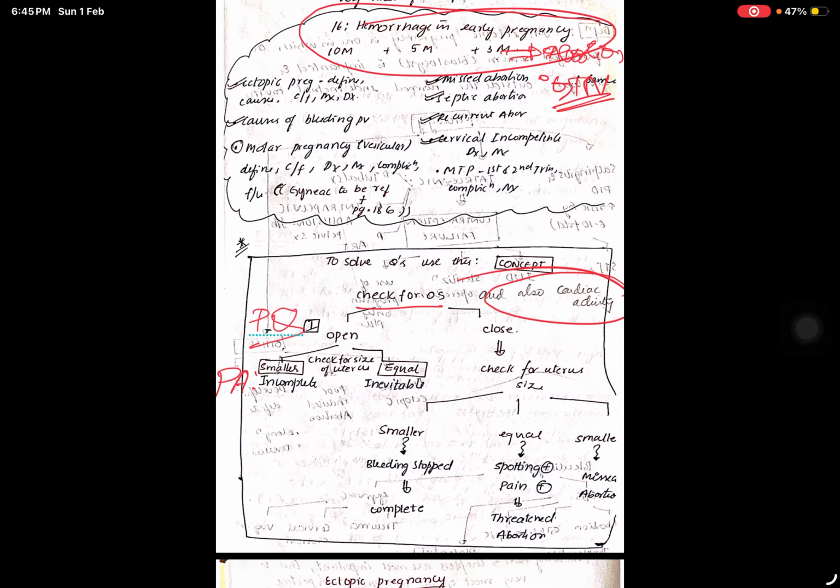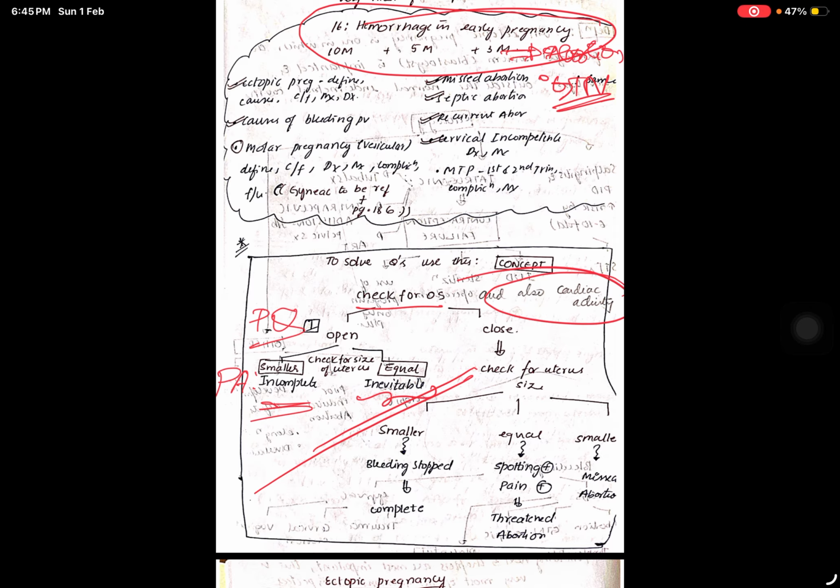Then you need to see the uterus size. If the uterus size is smaller, that means something has escaped, so it's an incomplete abortion. But if it's equal, that means the process of abortion has started and you cannot stop it. What does inevitable mean? It will occur, correct? These are the only 2 differentials you will have if the cervical os is open.